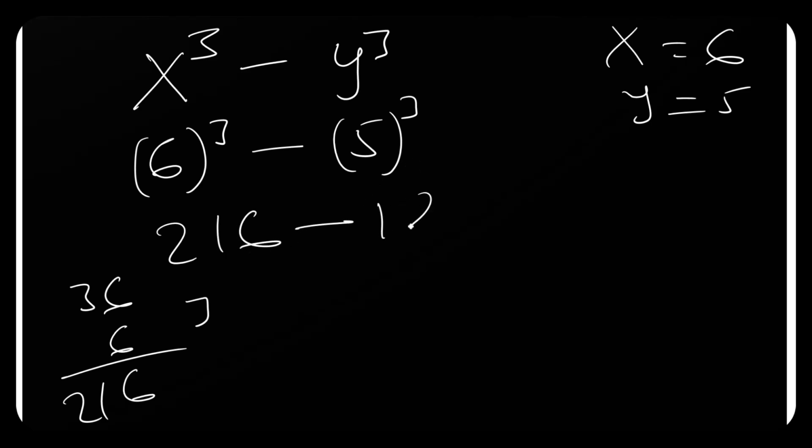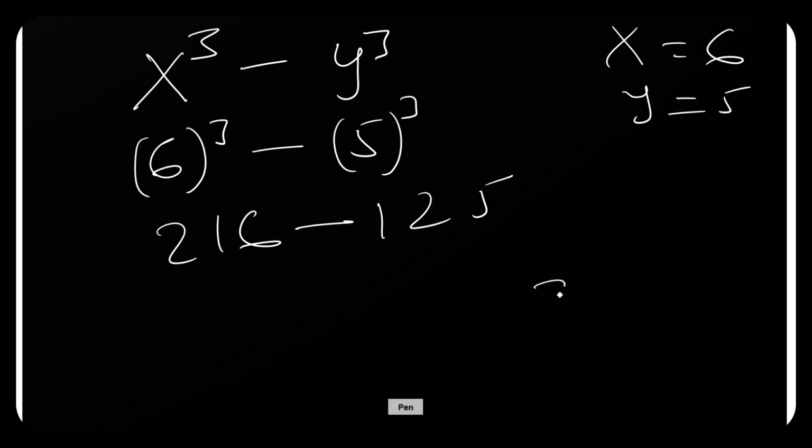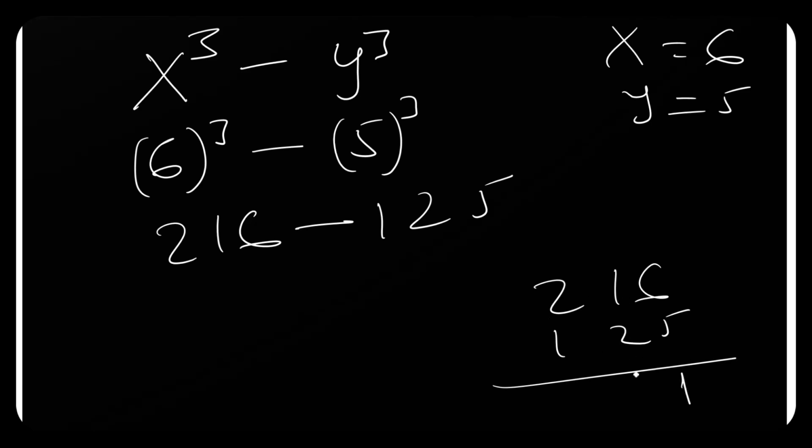And 5 cube is 125. So 216 minus 125 is 91. So we have 91 as the answer.